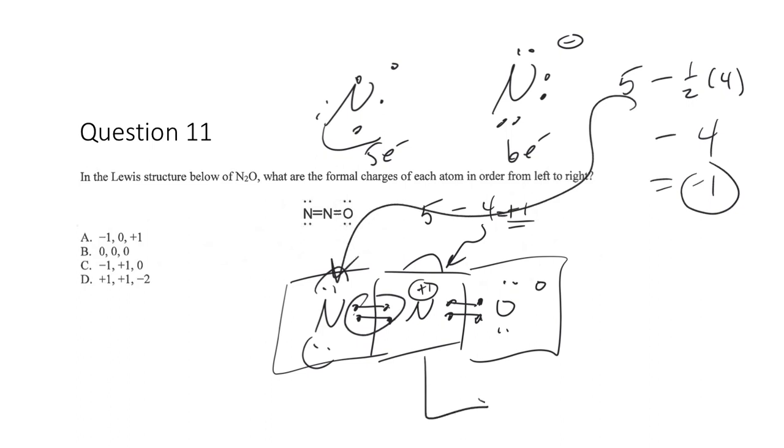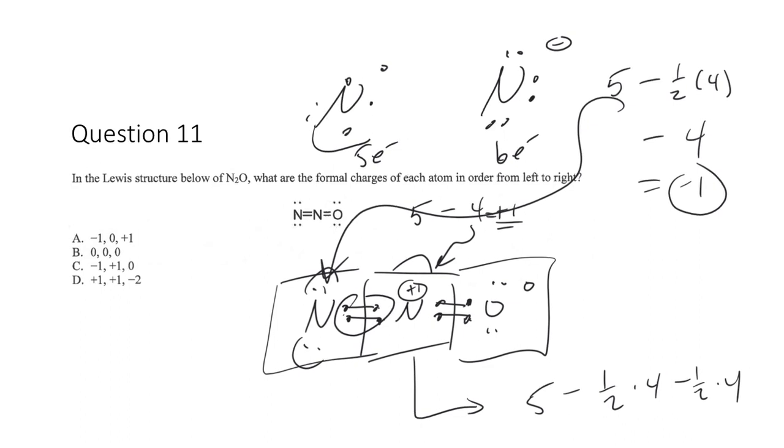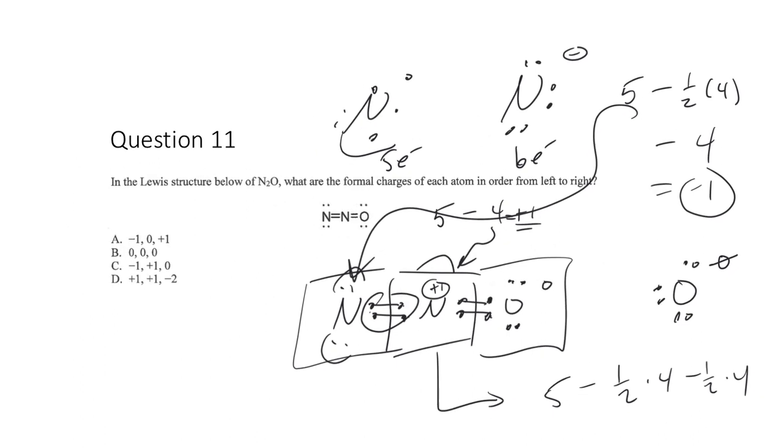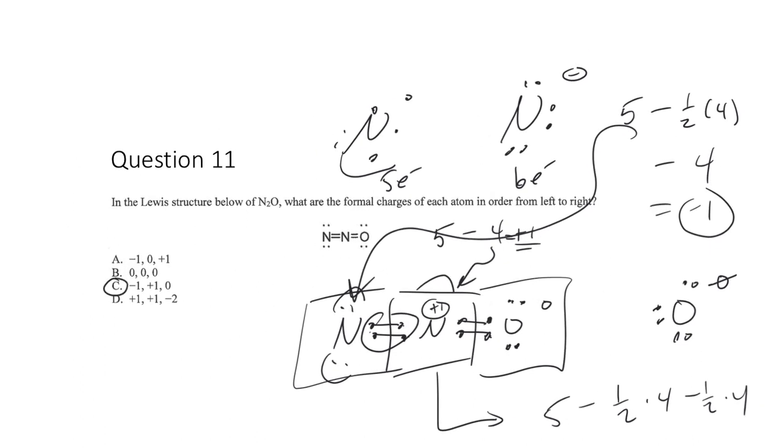If we do this approach for the second nitrogen, we'd have 5 minus a half times 4 minus a half times 4 for the two double bonds. So there's two ways: drawing a box, cutting the bonding pair electrons in half, keeping the non-bonding pairs on the atoms they're attached to, and then just counting the electrons. For O, 6 should have 6, so that's where we get neutral. So minus 1 plus 1, 0.